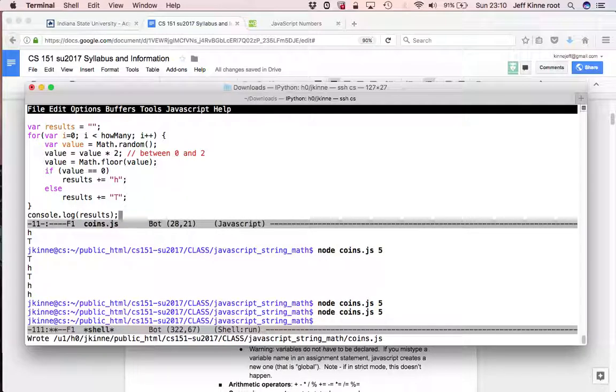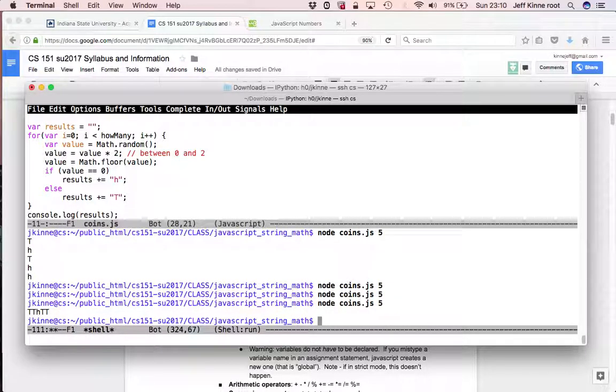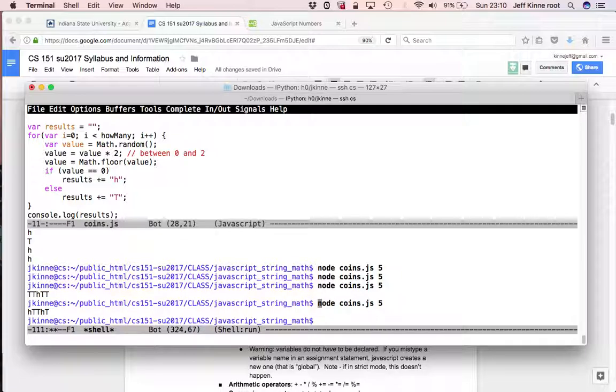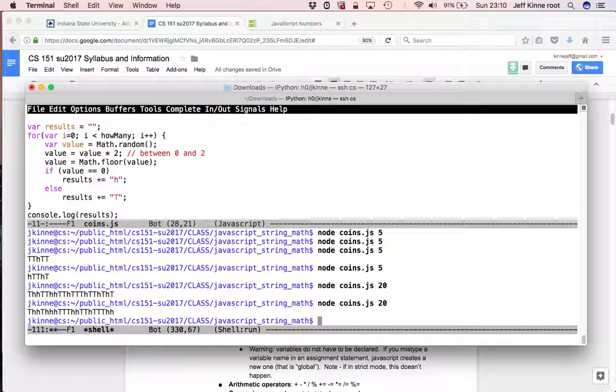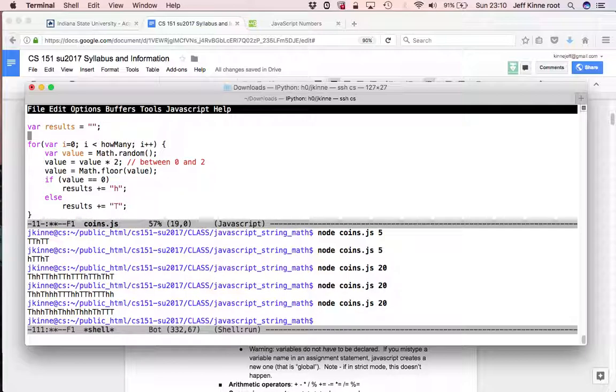Save the file. There it is. Alright, so now if it's not so much, we could do 20 of these. You could count by hand, but let's count how many are heads and how many are tails.